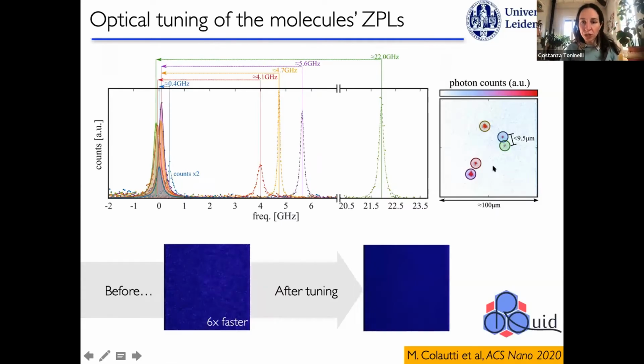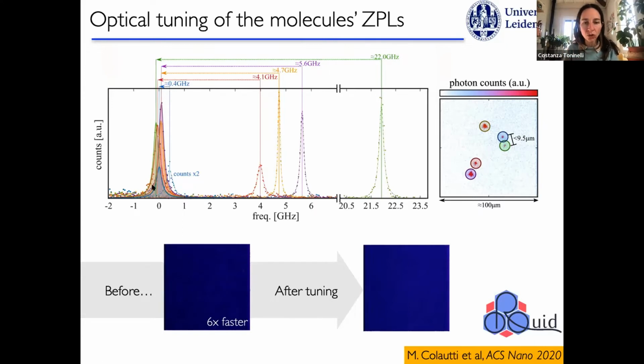We started with 5 emitters that were within about 20 microns and 20 gigahertz apart. This is how the famous movie looks like. It's now sped up by 6 times, and you see again this popping up. After tuning one by one, you see that all molecules' spectra are within twice one linewidth.